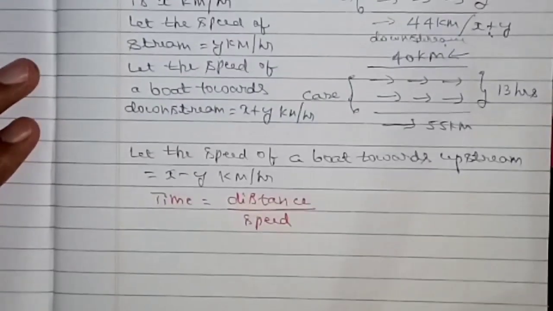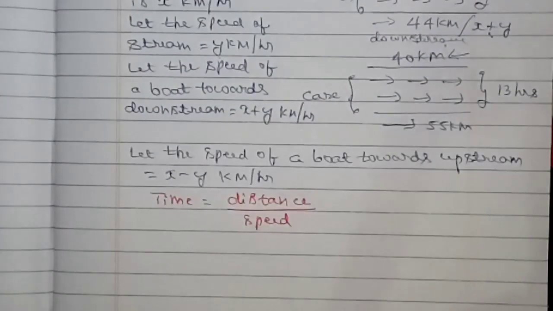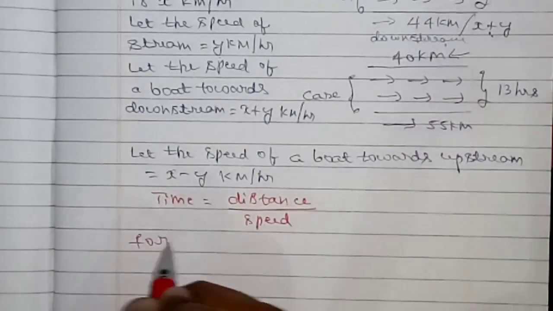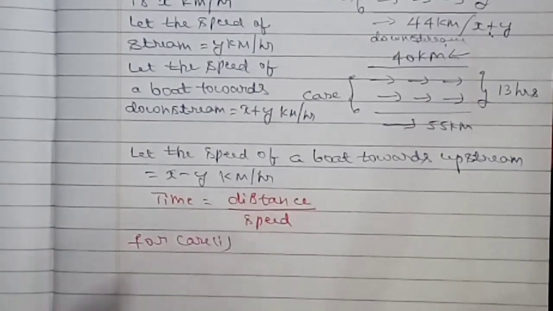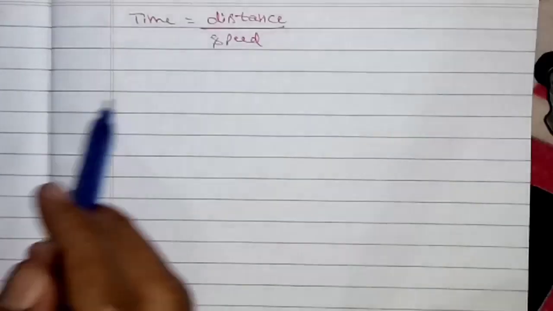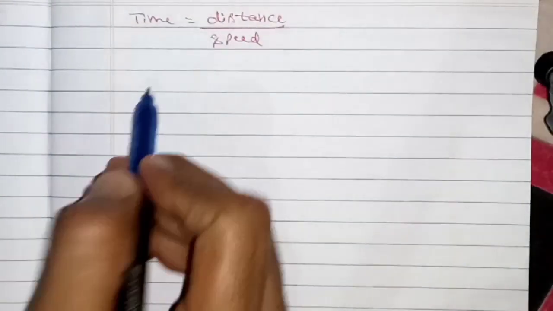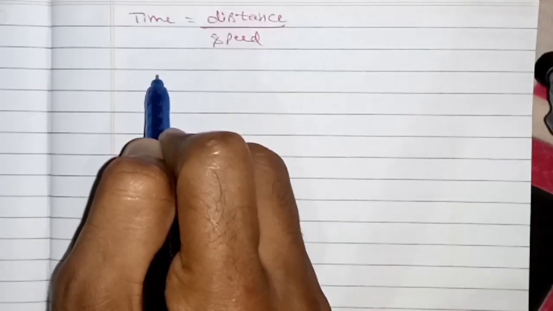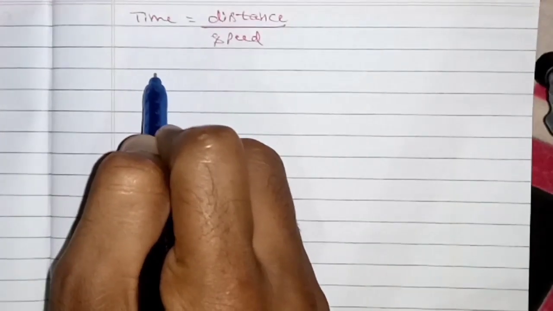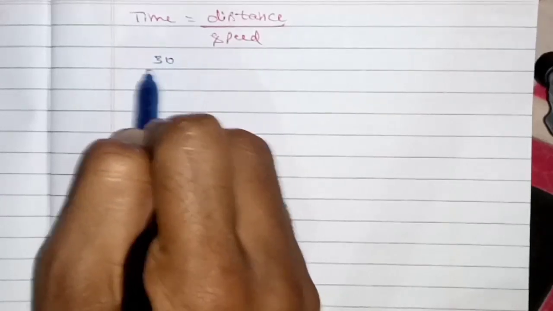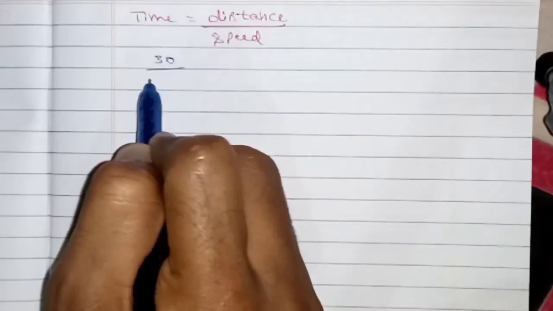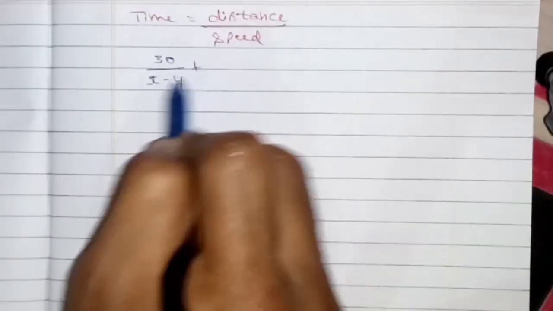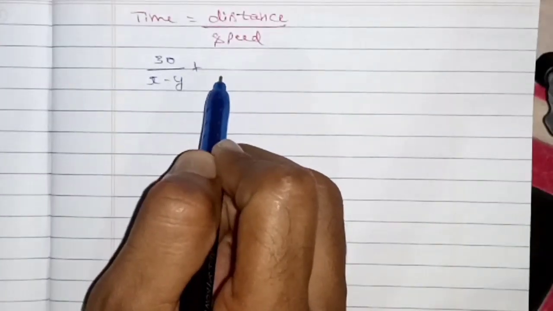Now we'll take the first case, case 1. For the upstream, the distance will be 30 kilometer divided by the speed x minus y, plus we need to take the downstream also.